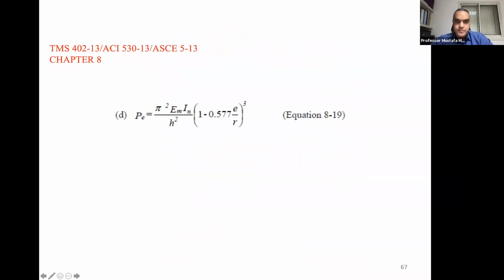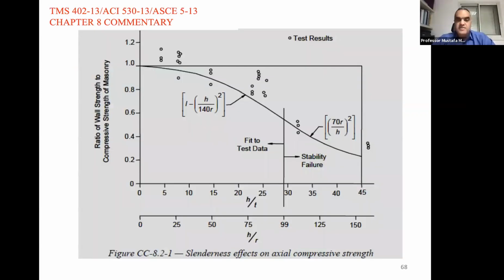Okay, and here we have the P sub E, that's the critical buckling load. And again, it depends on E sub M, the modulus of elasticity of the masonry, the net moment of inertia, I sub N, H the height of the wall, E is the eccentricity, and R is the radius of gyration. Here you have the buckling curve, which you know, whether it's for masonry or for concrete or for steel.